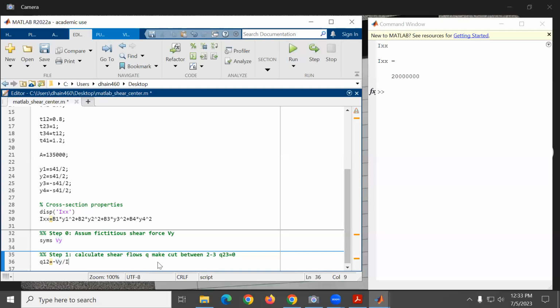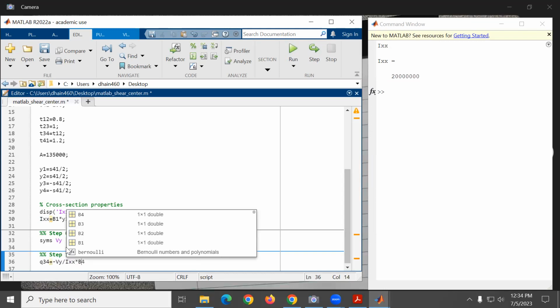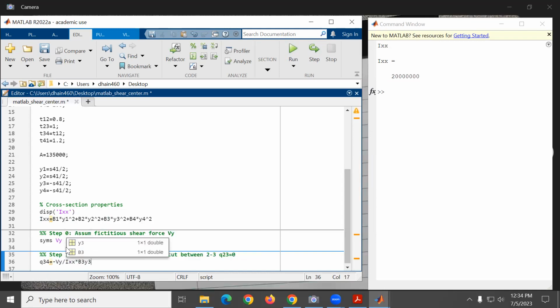Minus Vy divided by Ixx times, what will be this one? No, we started with the other one, 2, 3, so we need 2, 3, 4, no? Is that the one we started with? I mean, guys, you're going to help me, or otherwise I'll let you do this. B3, Y3.